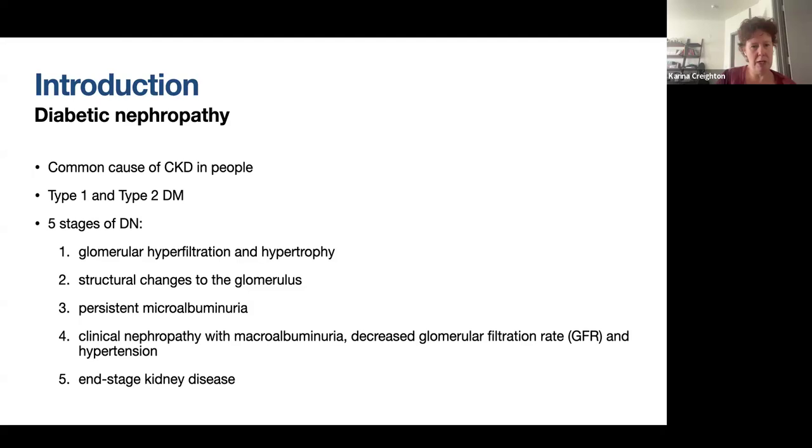These then progress into clinical changes such as persistent microalbuminuria, which is the typical early marker in people, and can then progress further into more advanced kidney disease: clinical nephropathy with more significant proteinuria and a decreased GFR, and then end-stage kidney disease.